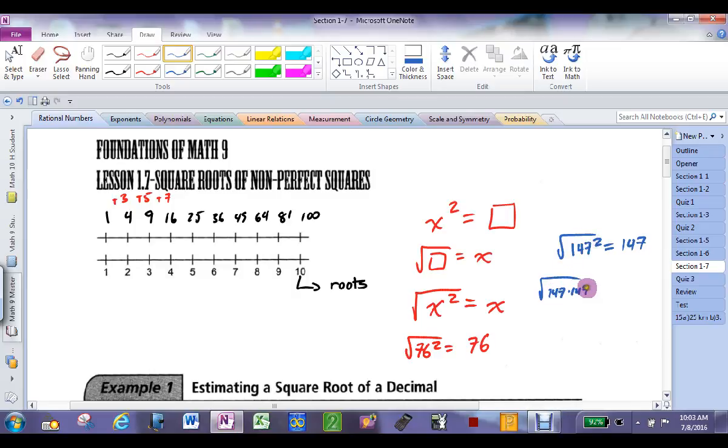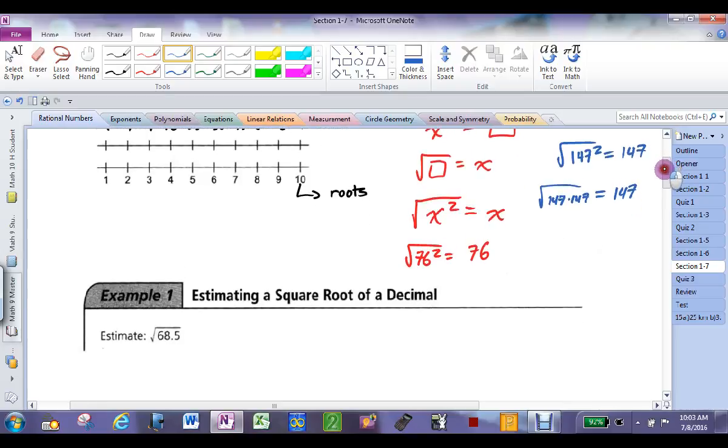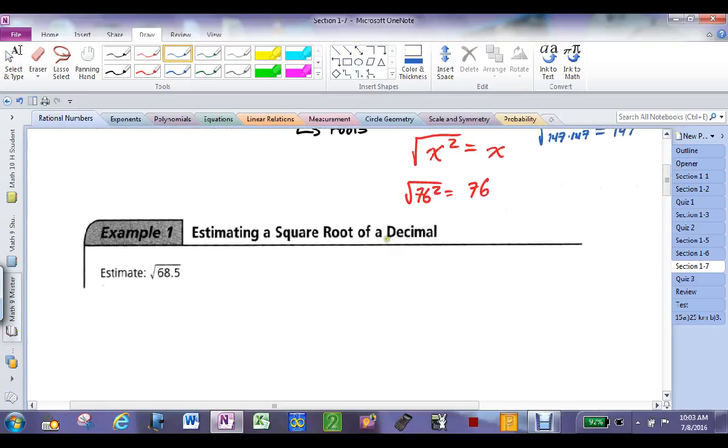So that's the length, that's the width, so it's 147. It's not 147 here, it's 147 squared. You with me? Okay, so no matter what you see, anything under a square root sign, if it's squared, the base is the square root. Cool?